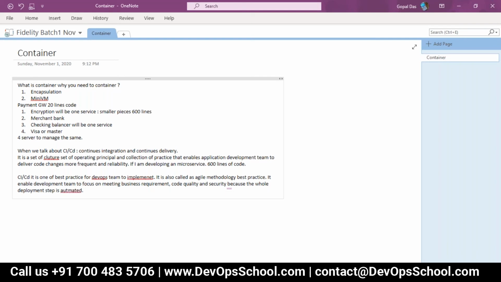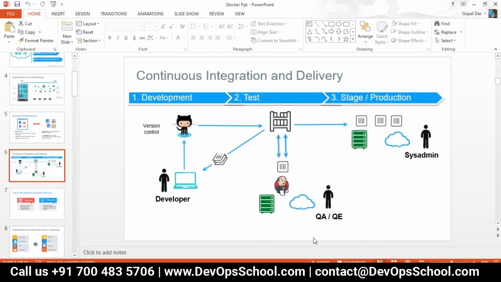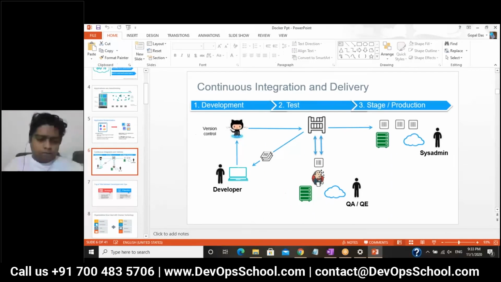When we say the whole deployment step is automated, it means the developer develops the code and pushes it to a version control system. Once it is pushed, testing and code building is done by a testing tool like Jenkins, Bamboo, TeamCity.